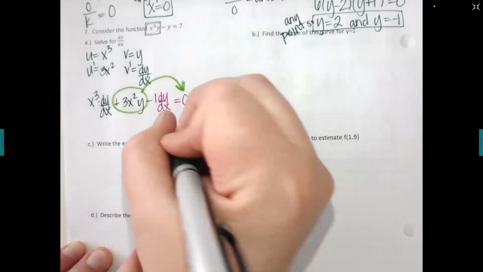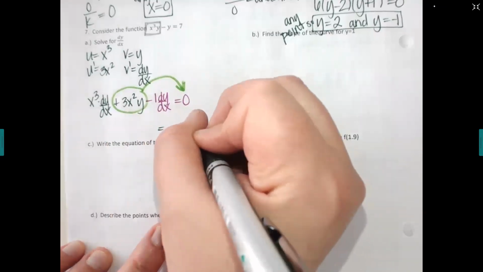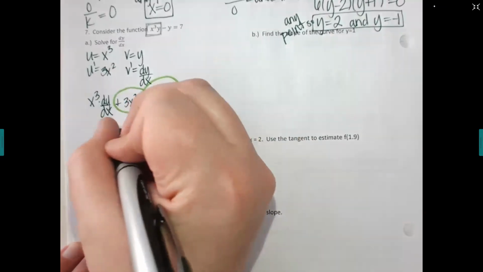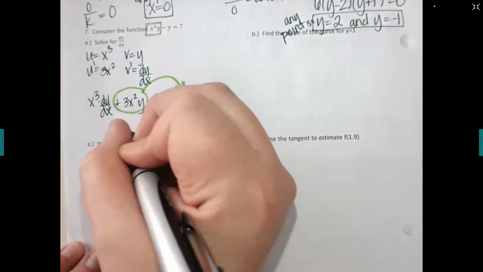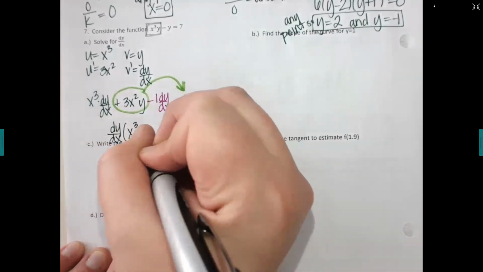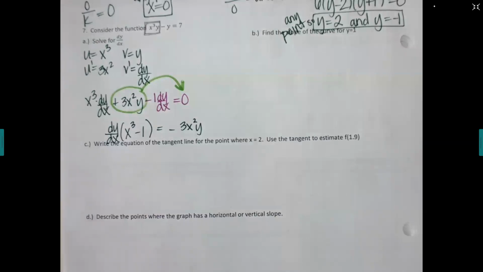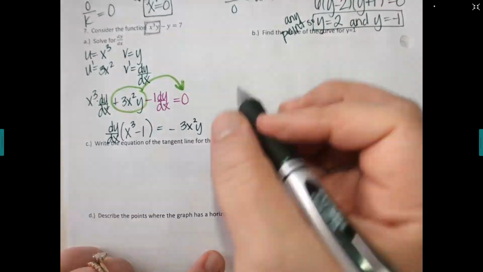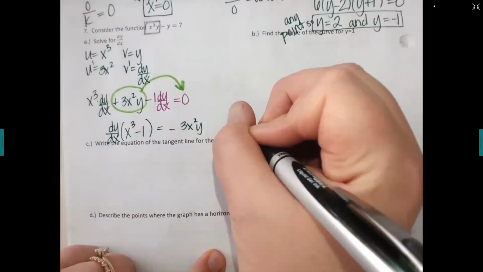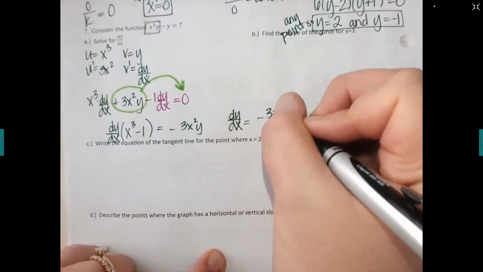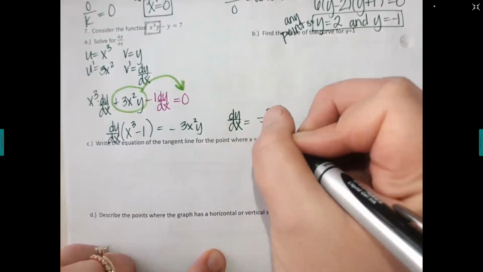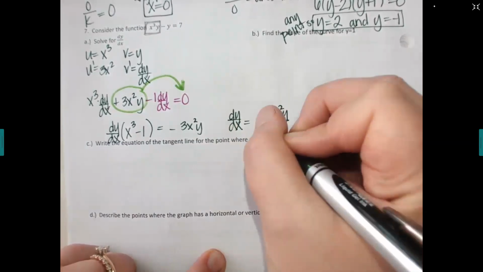Minus 3x squared y. On the other side, my dy dx factored out is going to give me an x cubed minus 1. And then remember, we'll divide that to the bottom. So you'll have this. dy dx equals 3x squared y over x cubed minus 1.